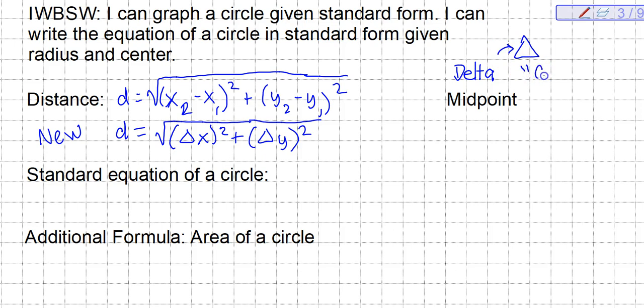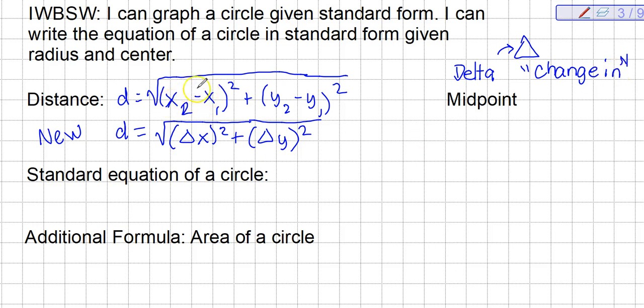It says change in. So when you see a delta, it's asking you to find the change, which means subtract 2 things.